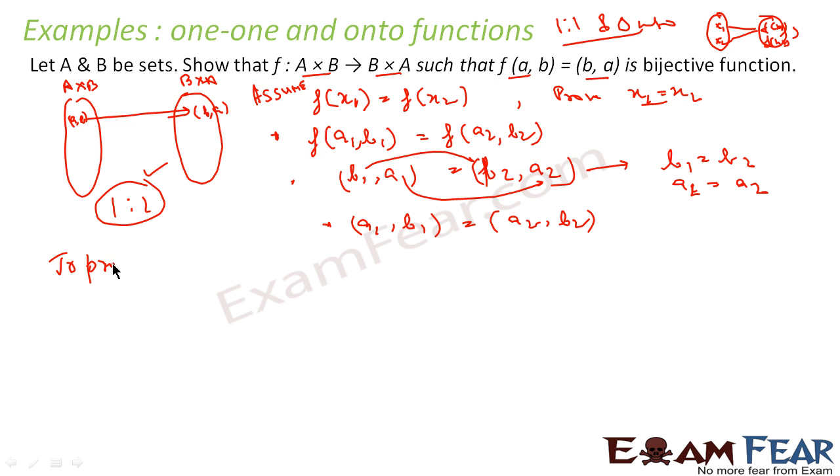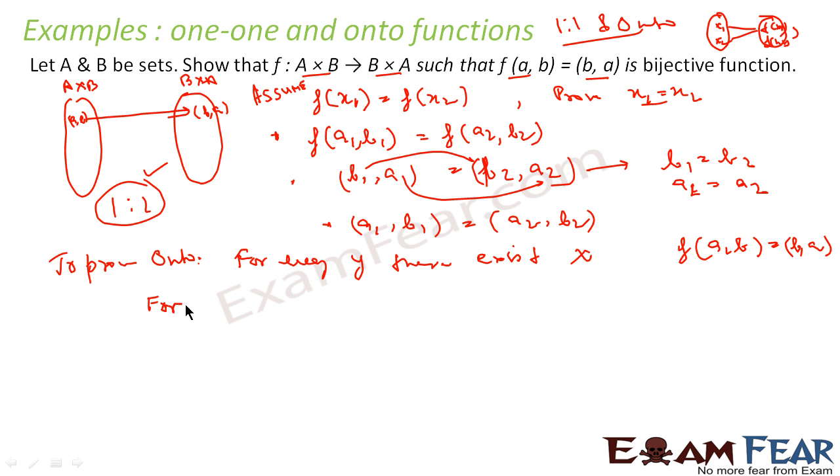Now to prove it is onto, what did we say? For every y, there exists x. That is the definition we get. So for this problem, f of (a, b) is (b, a).